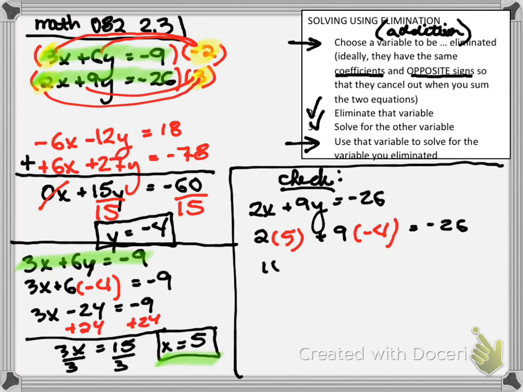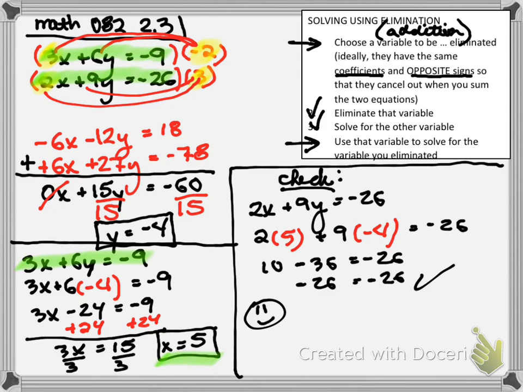So let's go ahead and simplify this. We have 10 minus 36 equals -26. Everything looks good to me. -26 does in fact equal -26, so we can be happy that we have solved this correctly.